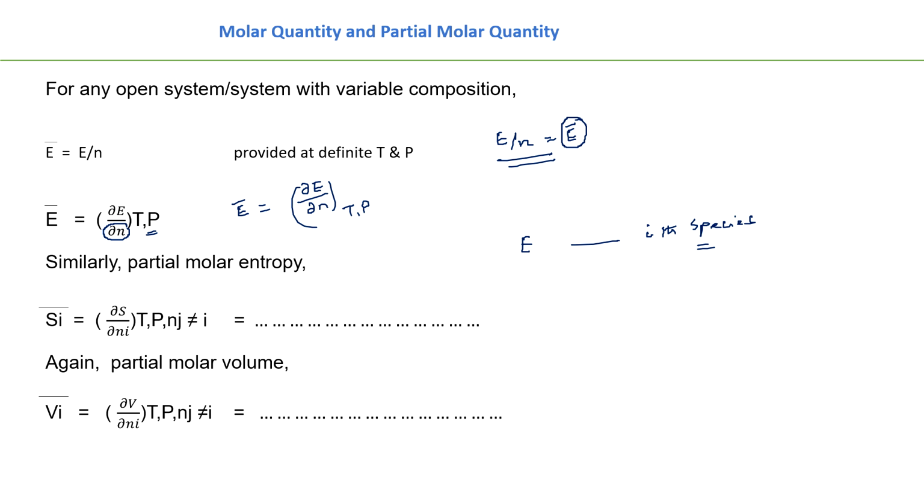Then we'll write that E bar equals del E by del Ni at constant temperature and pressure.